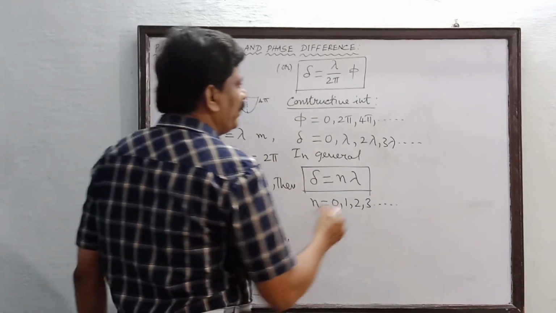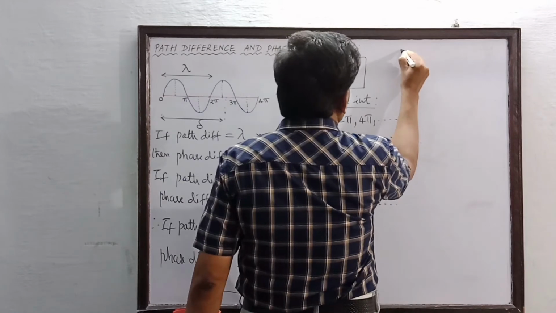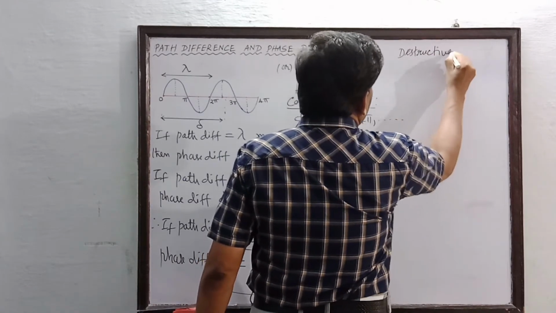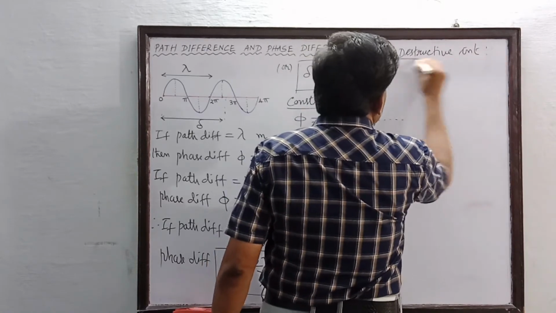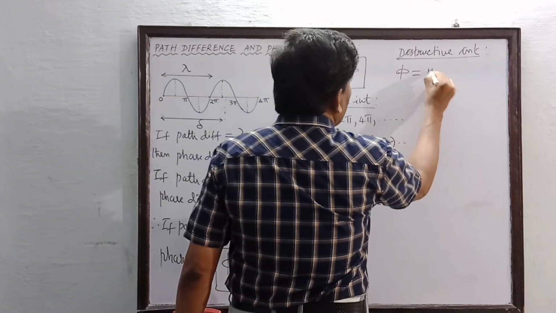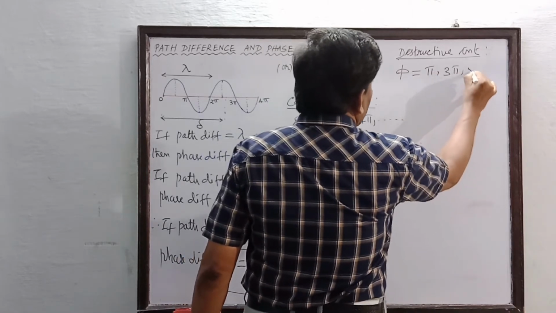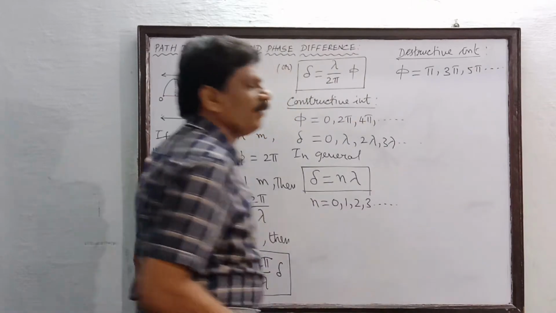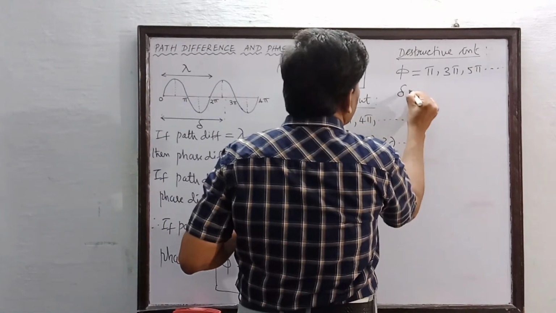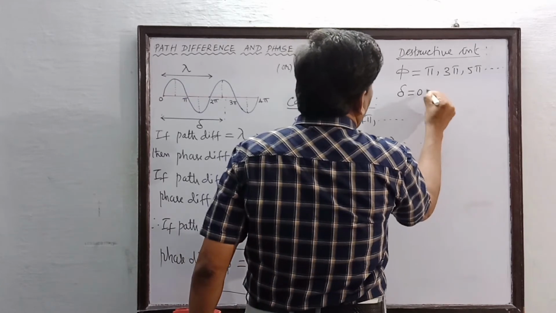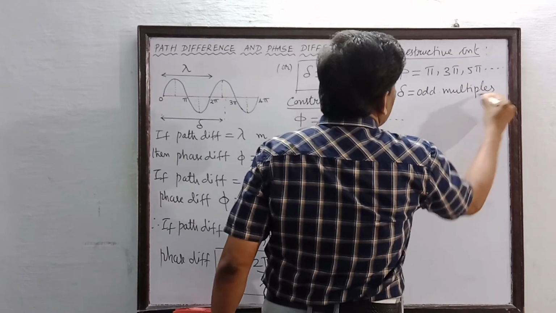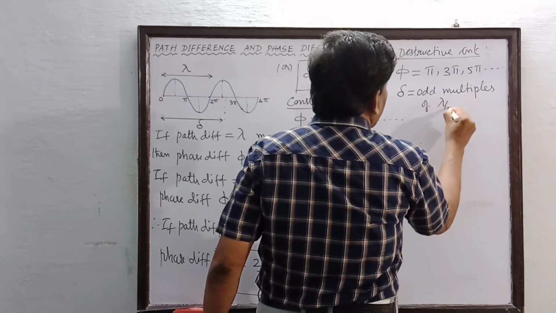Now for destructive interference, what is the condition required? You see that the phase angle must be equal to pi, 3 pi, 5 pi, like that, odd multiples of pi. And the path difference must be equal to odd multiples of half lambda.